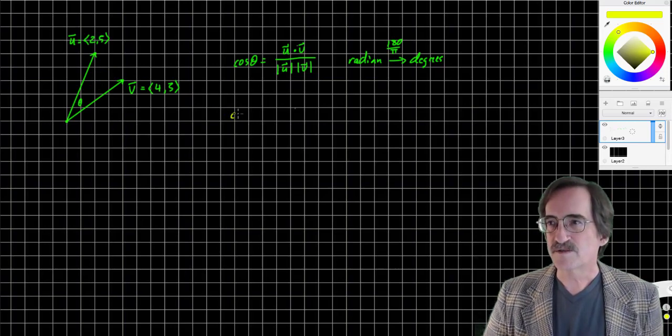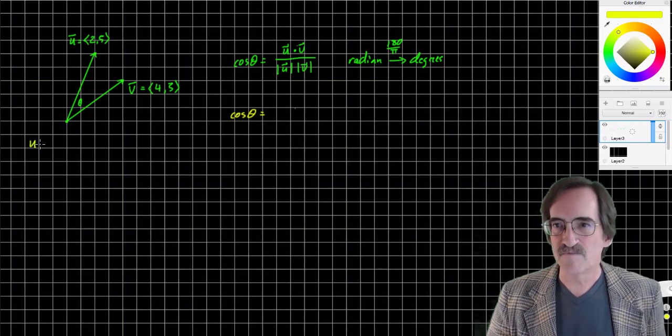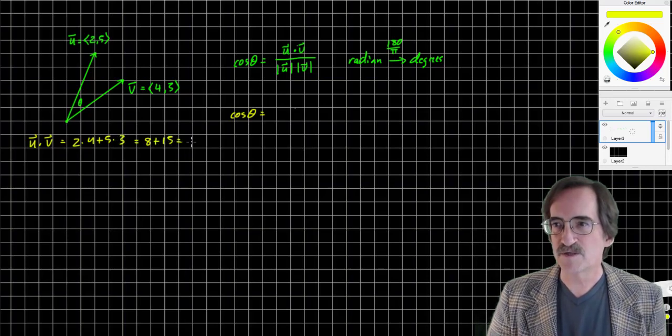So we're going to say cosine of theta is u dot v. So let's figure out u dot v. U dot v is 2 times 4 plus 5 times 3, which is 8 plus 15, which is 23.